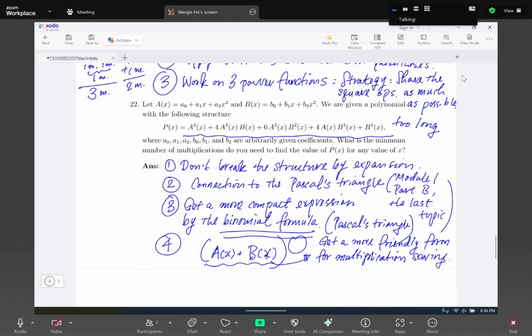Save as many multiplications as possible. And another step. So even after that, last step.